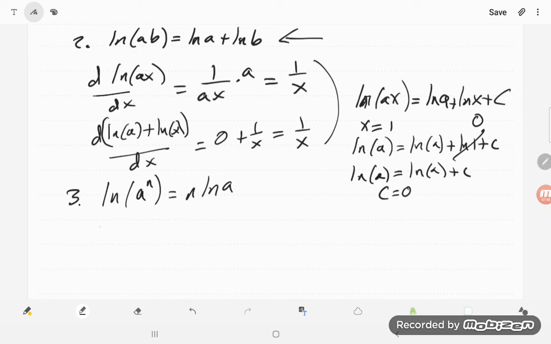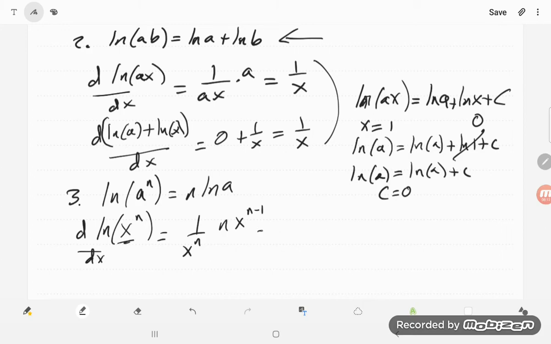Okay, so again, let's look at natural log of x to the n. Then if I take that derivative, that again, that's 1 over x to the n, because of the derivative of natural log, and then times n x to the n minus 1, because we need the derivative of what's inside there.